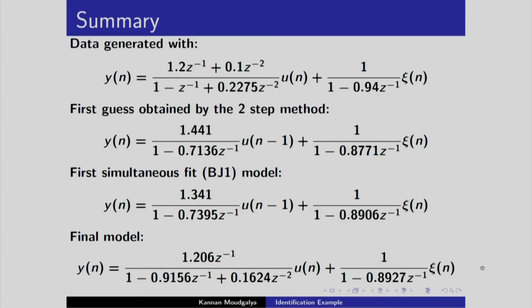We can stop here. It meets all our requirements, and you can also see that this is very close to what we started with. So here is an example of a more difficult problem with a more detailed noise model.